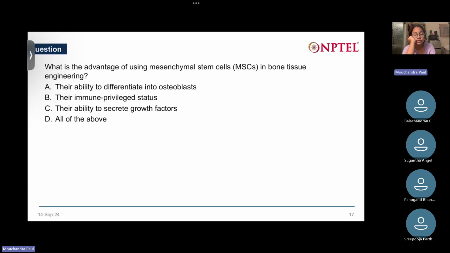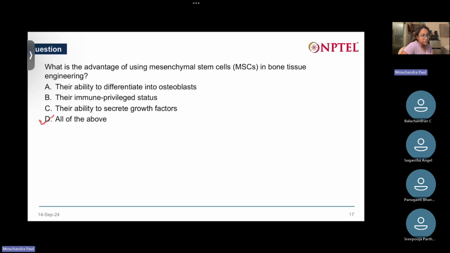Why would one choose mesenchymal stem cells? Okay, if you're not getting it, let me answer it for you. So it is because of all of these reasons.